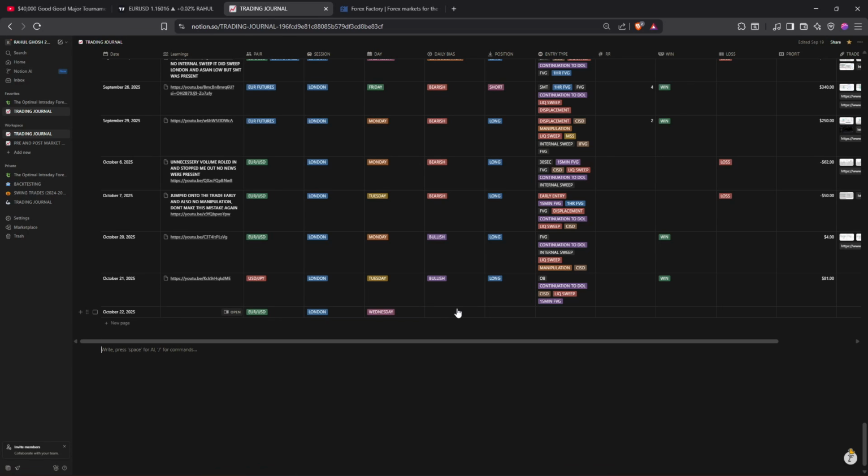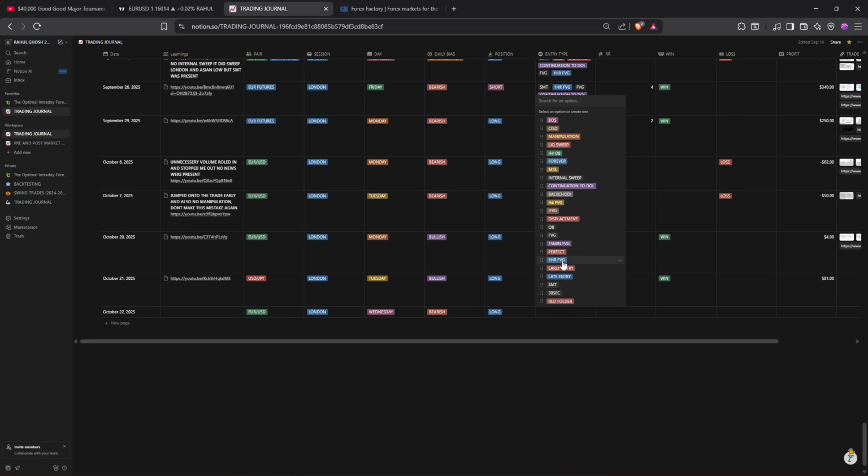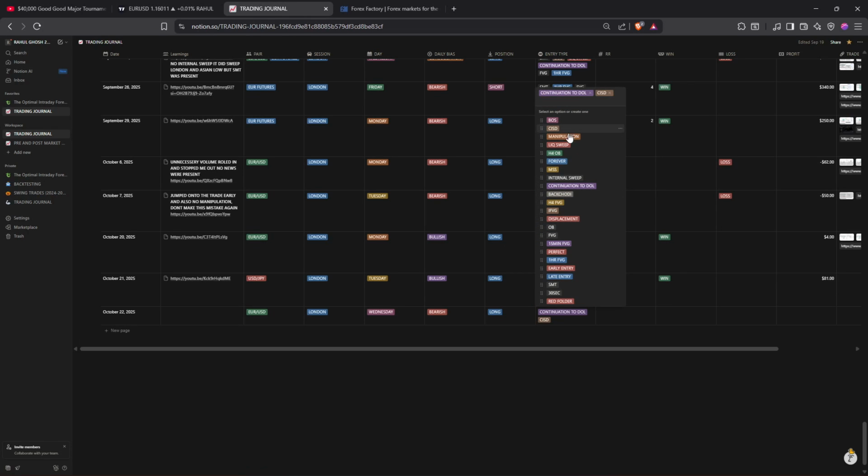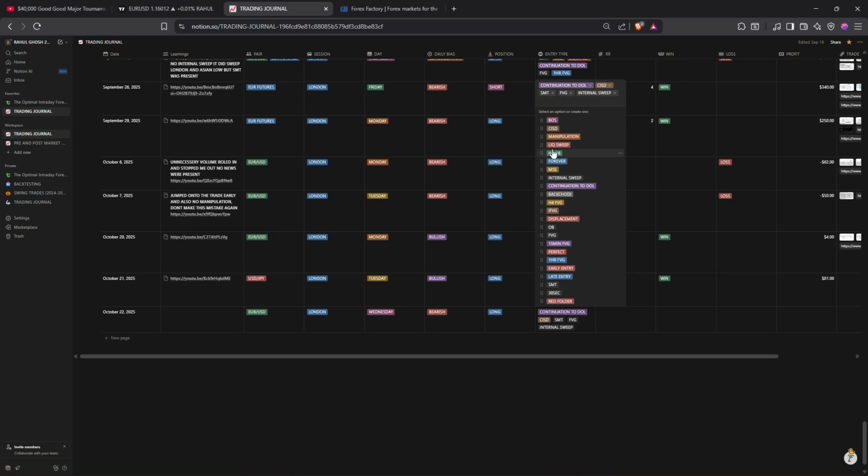The market continued to draw liquidity. No displacement. We did get CISD. There was SMT, SBC, internal sweep.